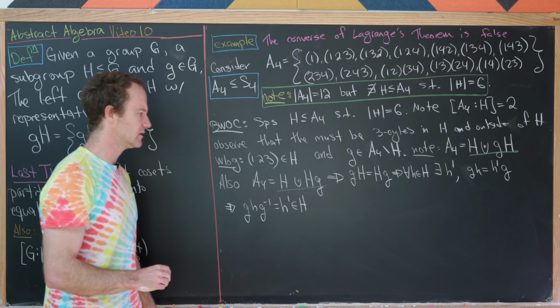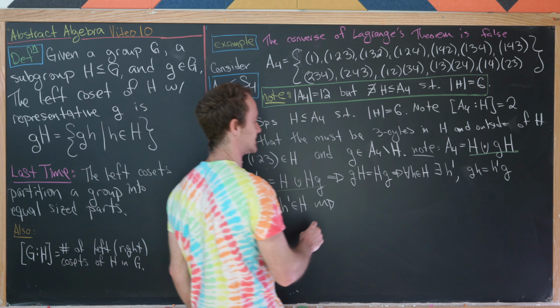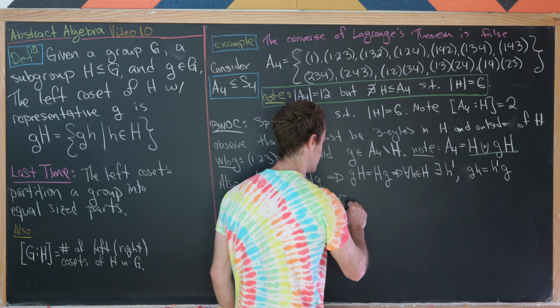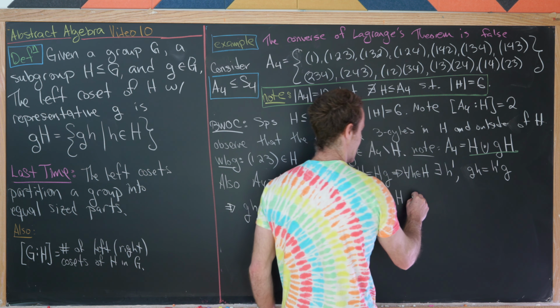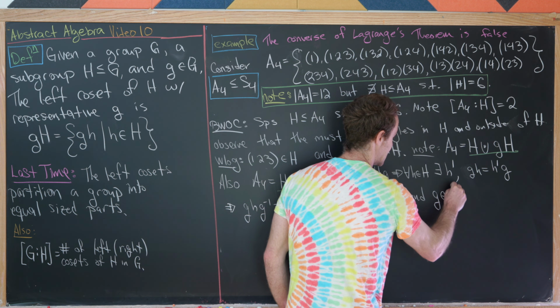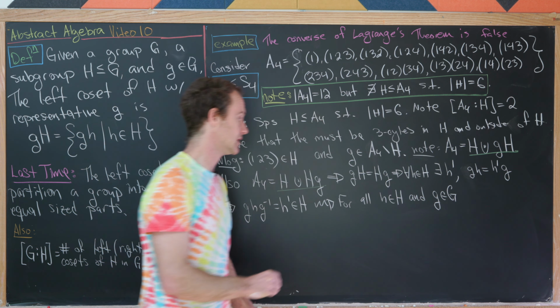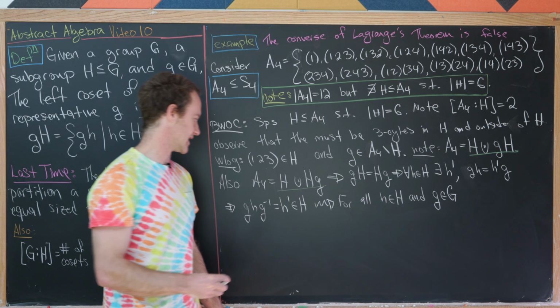Okay, but now let's remove some of the extra stuff here and see exactly what we have. So for all little h in H and little g actually inside of G, it doesn't even matter that it's outside of H in this case.